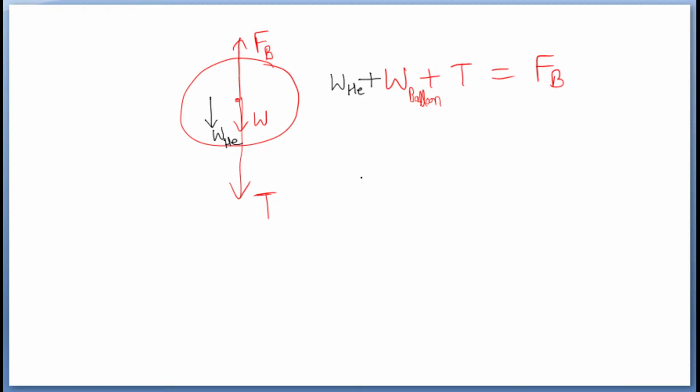Now the million dollar question is how you can calculate this weight of helium gas.